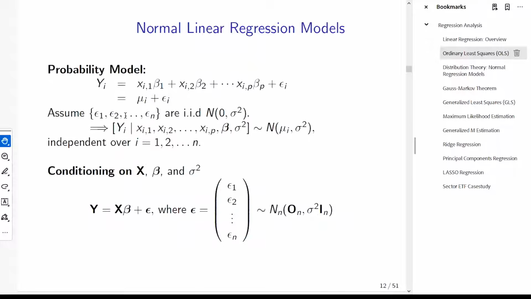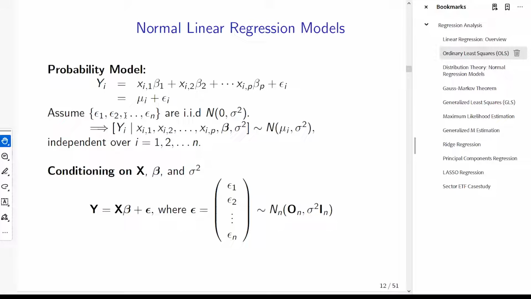So that leads us to trying to extend the mathematical regression model to a probability model. With this, we have constant assumptions for the independent variables in the X matrix, constants for the regression parameters, but the error terms will be assumed to follow some probability model.